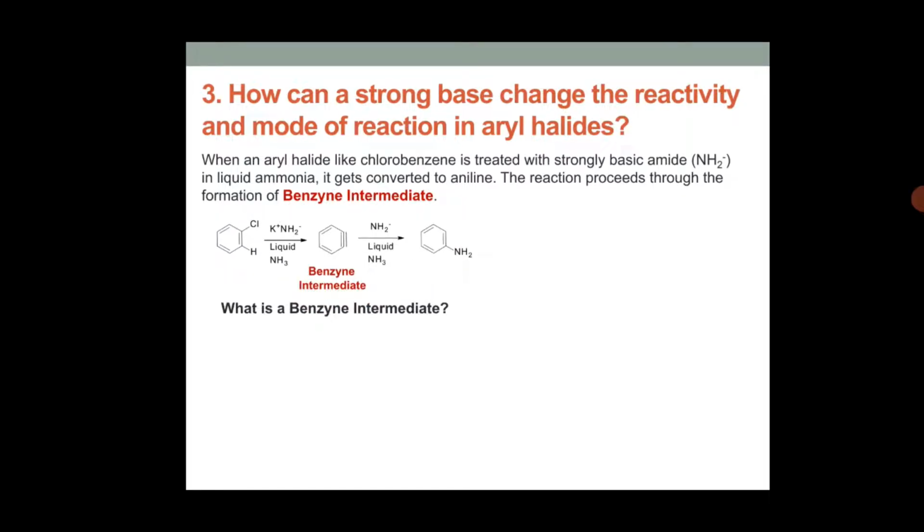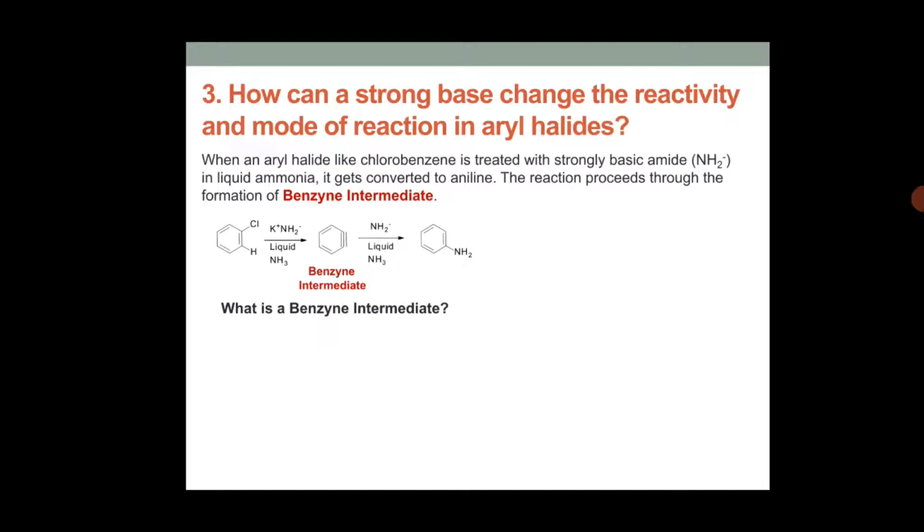When chlorobenzene is treated with sodamide or potassium amide, there will be the formation of benzyne intermediate. This is the benzyne intermediate, which will undergo nucleophilic substitution to produce aniline. The net result is the Cl group is substituted with the NH2 group.